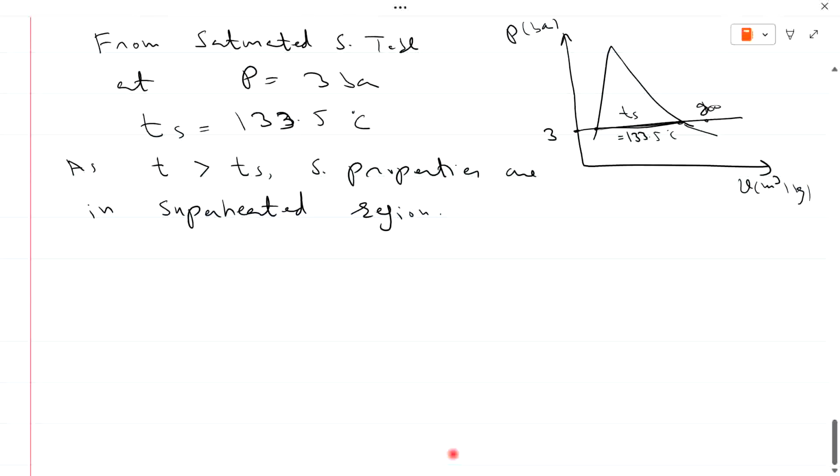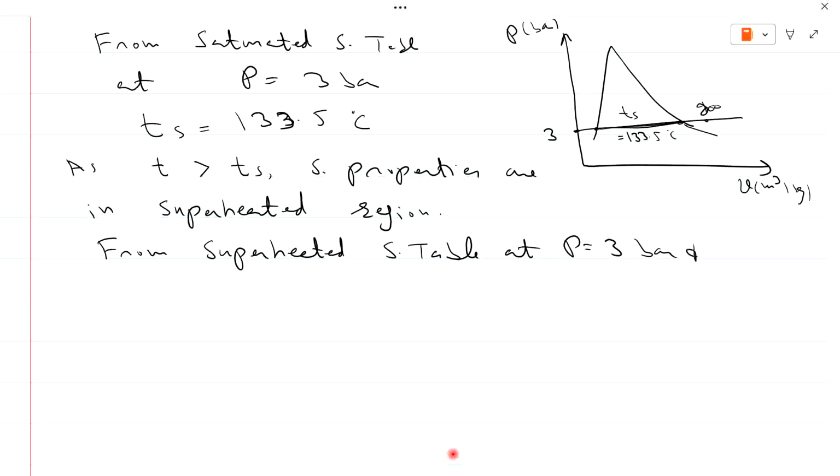So from superheated steam table, at pressure equal to 3 bar and temperature equal to 200 degrees centigrade, internal energy is 2651 kilojoule per kg. Specific enthalpy is 2866 kilojoule per kg.